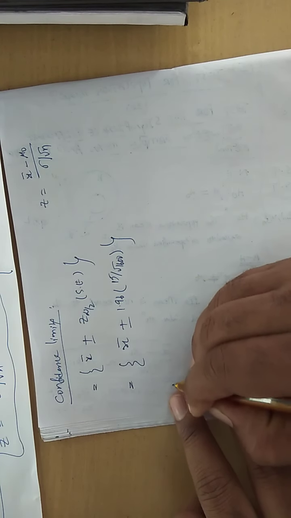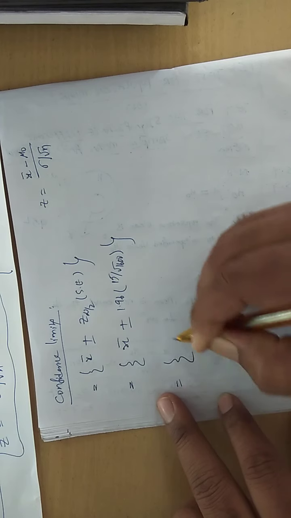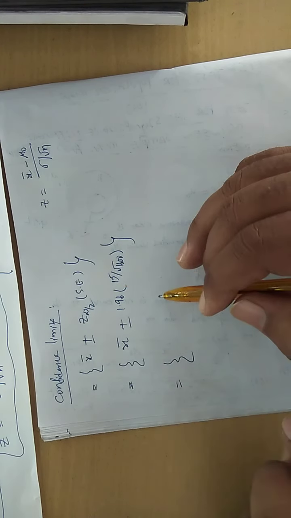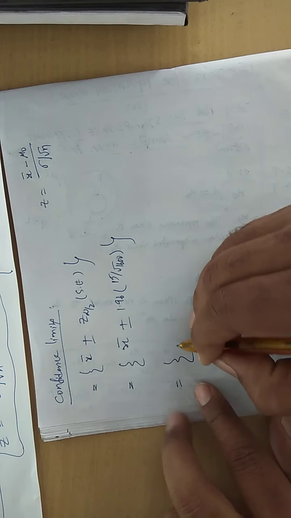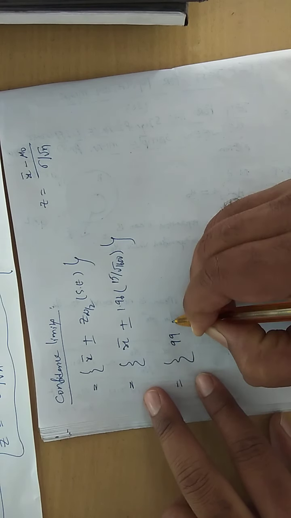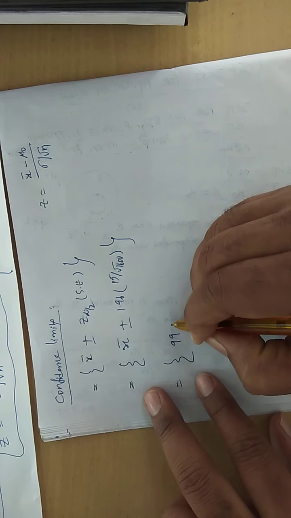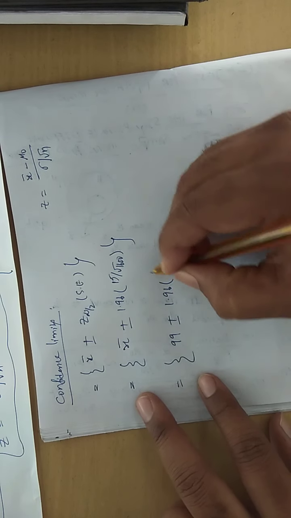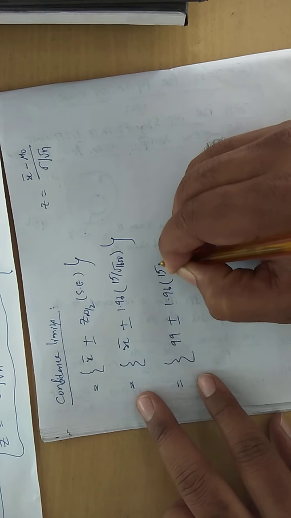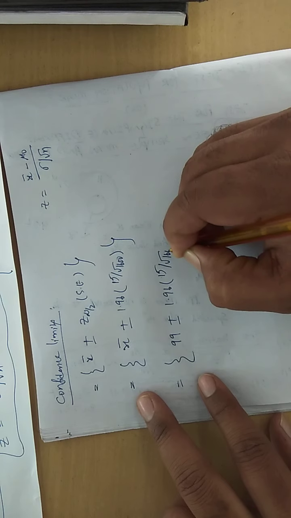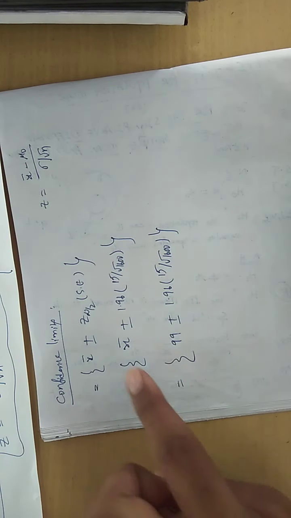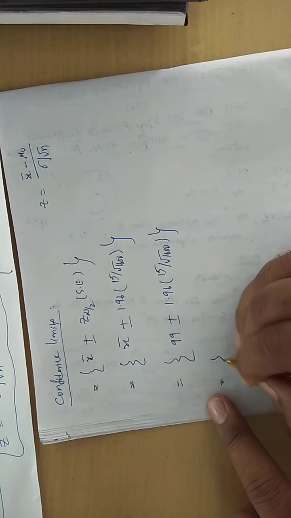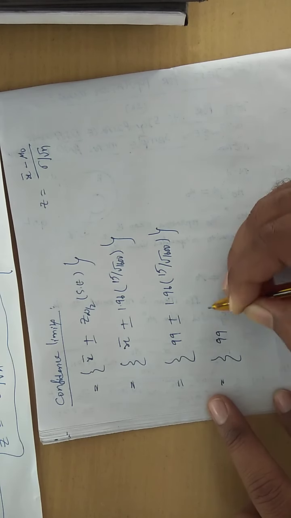For this we add one time, subtract one time. So x bar is 99 plus or minus 1.96 into 15 by square root 1600. Here itself you can write 99 also. Now you simplify.